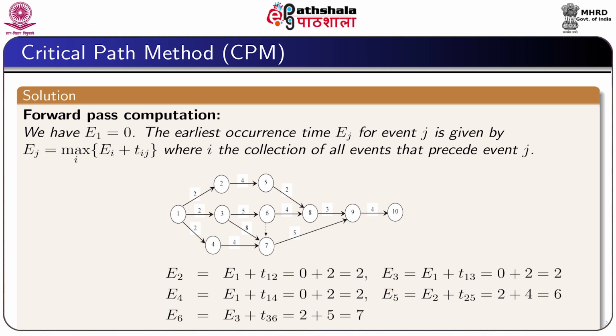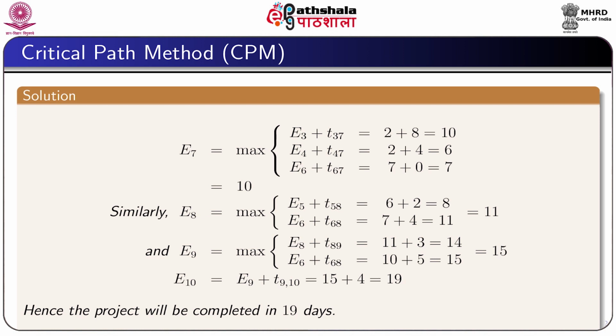To find the value of E7, we need to consider these 3 activities and then we have to choose the maximum value. So, E7 equal to maximum of E3 plus T37, which is equal to 10, E4 plus T47 equal to 6 and E6 plus T67 is equal to 7, and this gives the maximum value 10. Therefore, E7 equal to 10.